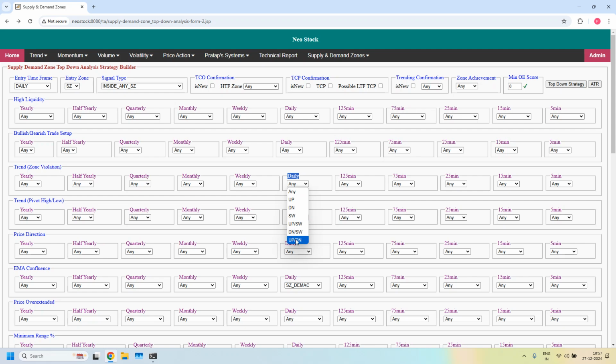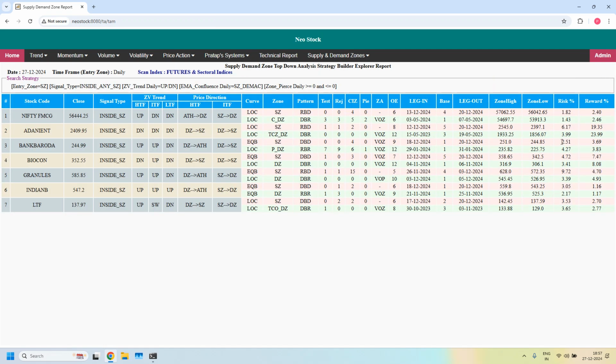It can be up or down trend. So with these filters, we got 7 stocks. From 15, the list has come down to 7. All these 7 daily supply zones are having daily EMA Confluence, and also the current price is closed inside the daily demand zone. So this is about the daily time frame.